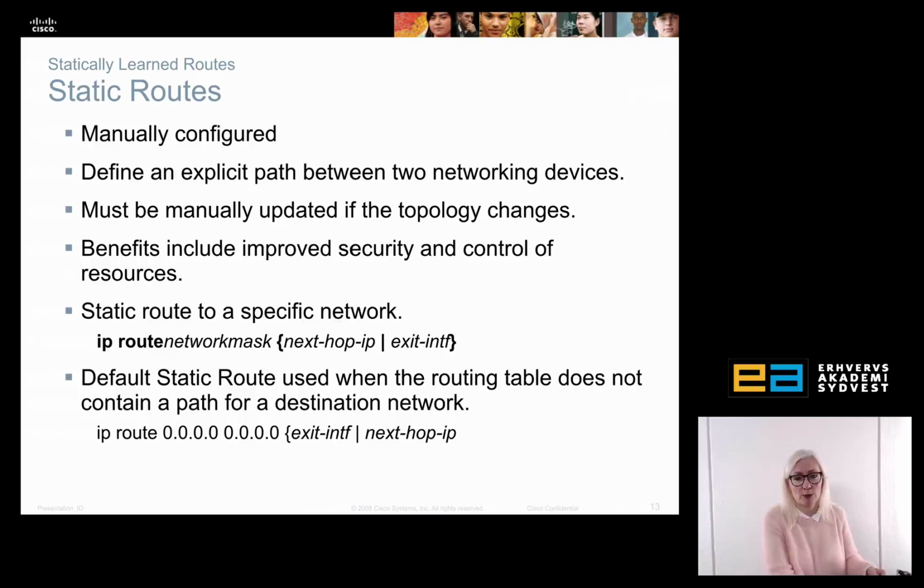If we don't know a specific network, the traffic is sent to the default network, which is indicated by 8 zeros: 4 zeros for the network address and 4 zeros for the subnet mask. This means all networks. So if we don't know where to send it, we will send it to this address. That could be, for instance, if we have an internet connection and we don't have a list of all the different networks on the internet in our routing table. So this is just to send it out to our internet router, for instance.